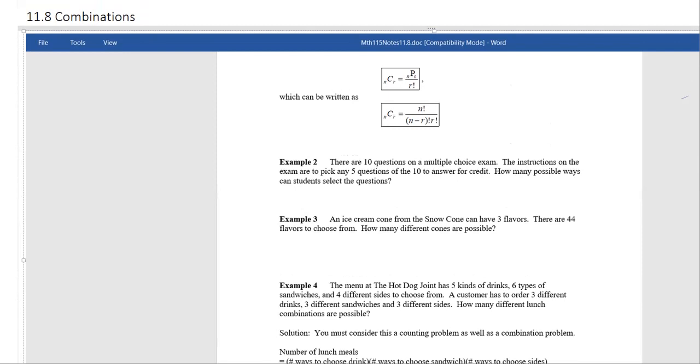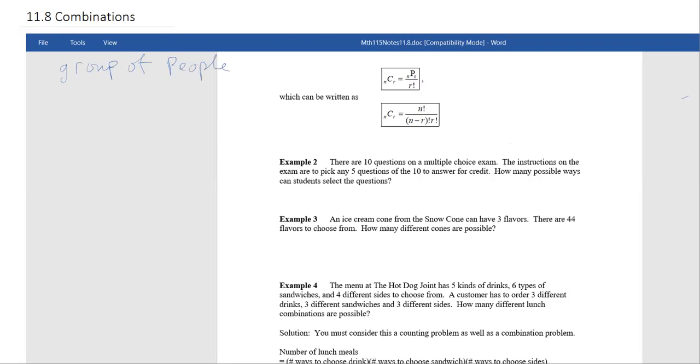The idea here is that a combination is different from a permutation in the sense that for a combination, order does not matter. The easiest way to think about a combination is to think about a group of people. Just a group.